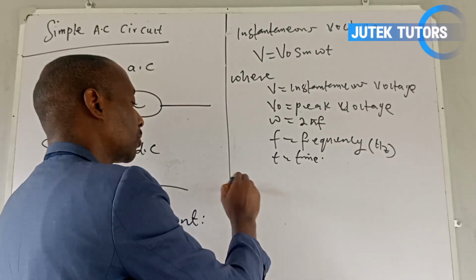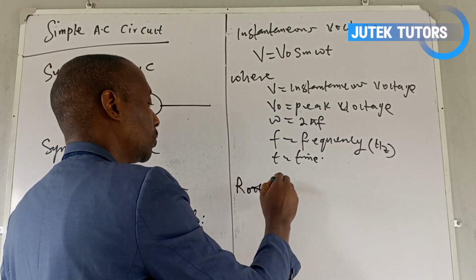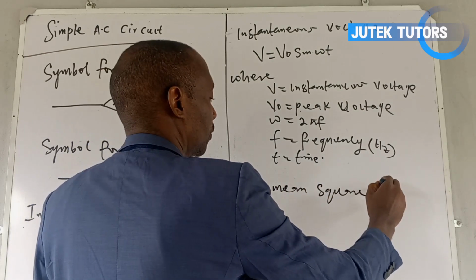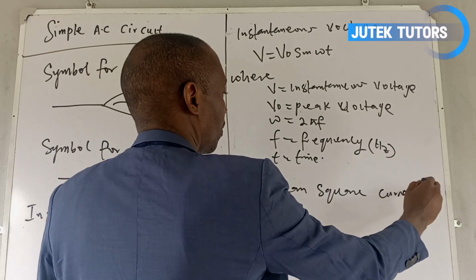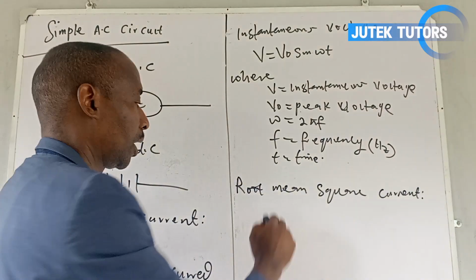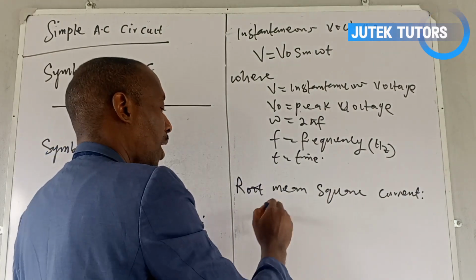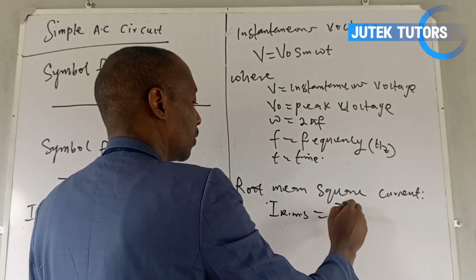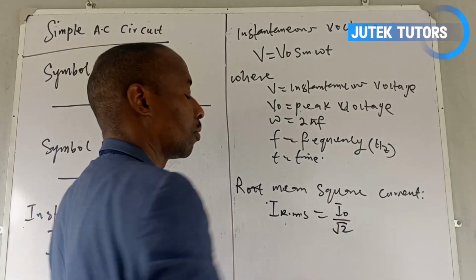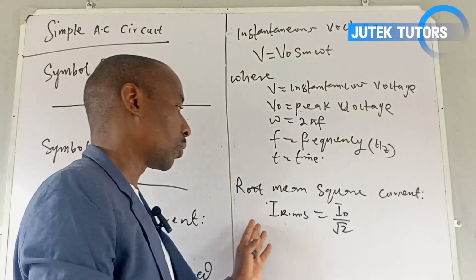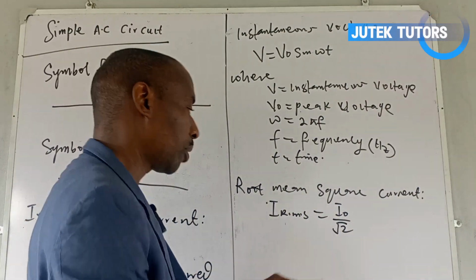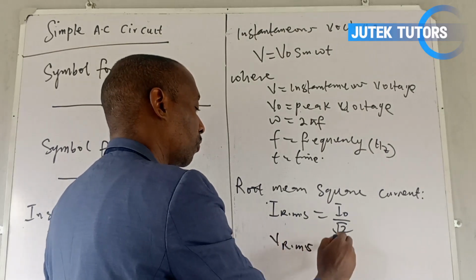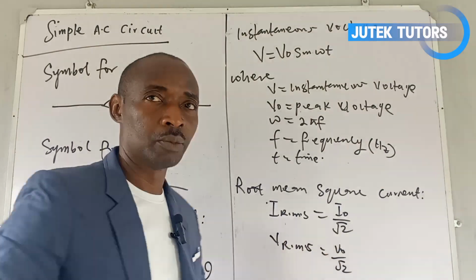We say the root mean square current, I root mean square, is equal to I naught over square root of 2. That is the root mean square current. The root mean square voltage, V root mean square, is equal to V naught over root 2.